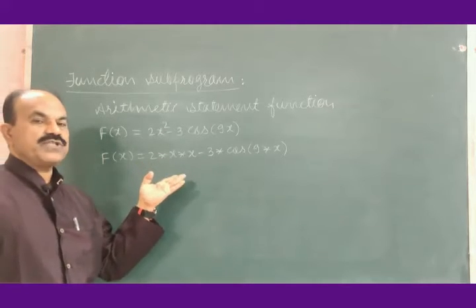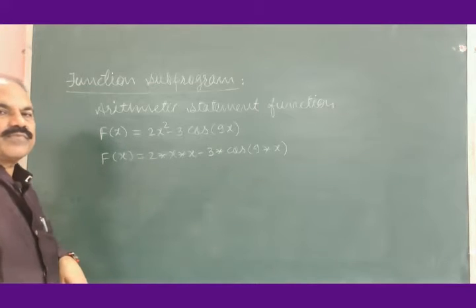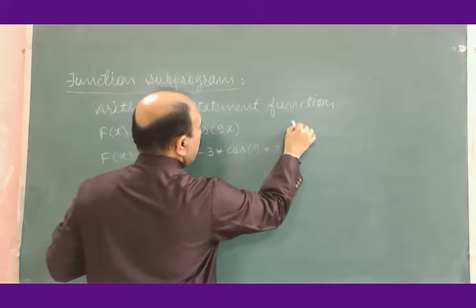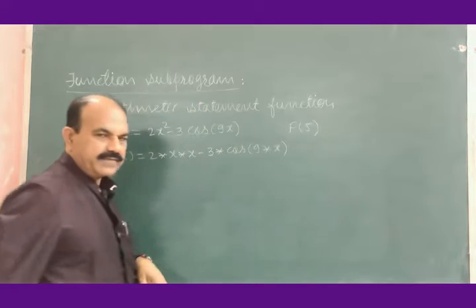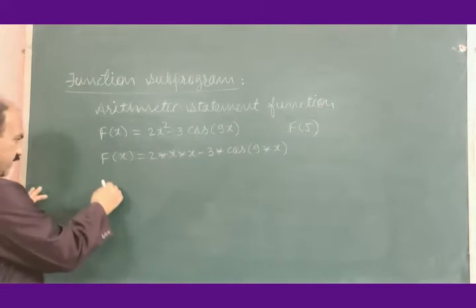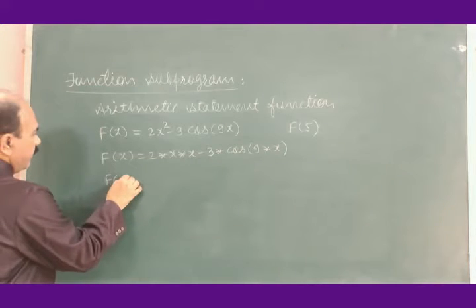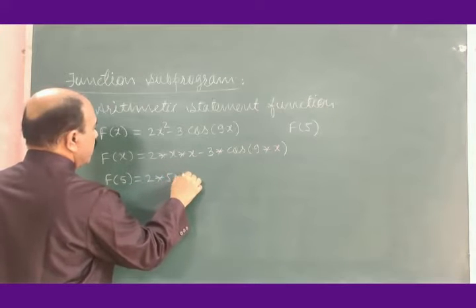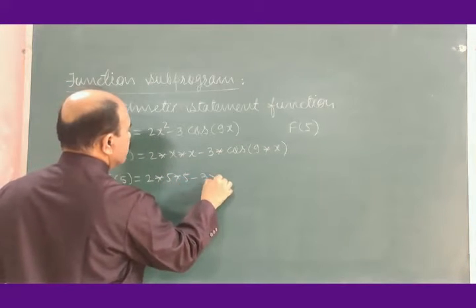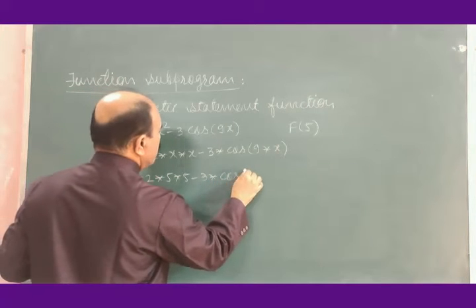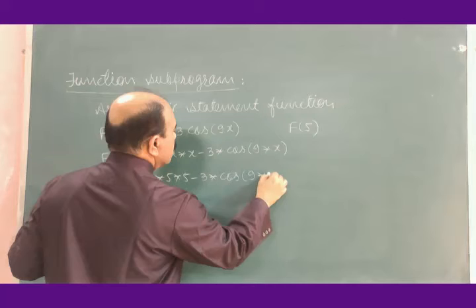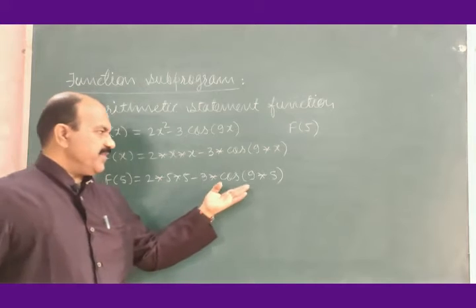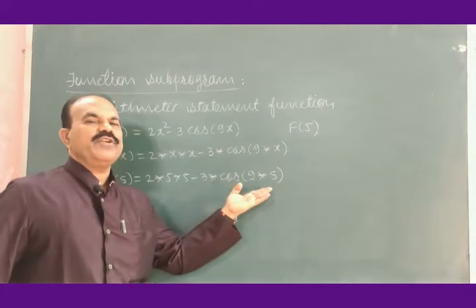If you are asked to solve this function for certain value of x, for example, we are asked to find f of phi, then this in Fortran will become f of phi is equal to 2 into phi into phi minus 3 into cos into 9 into phi. If this is in degrees, it will be cos 45 degrees.